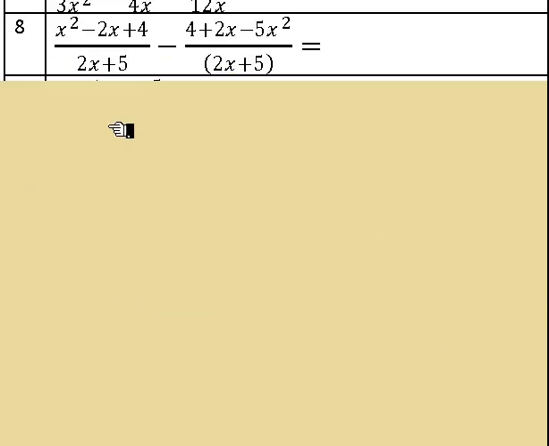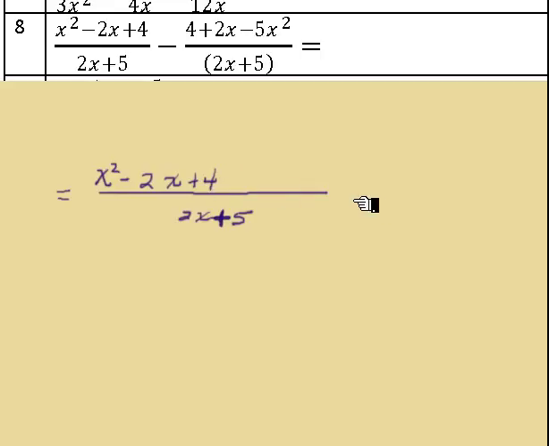Okay, here again, we're subtracting fractions, but notice we have a common denominator, 2x plus 5, 2x plus 5. So basically, we are just going to subtract the numerators. And we have to be careful with signs. All right, so I'm just going to write down the first numerator, x squared minus 2x plus 4. And here's where we have to be careful.